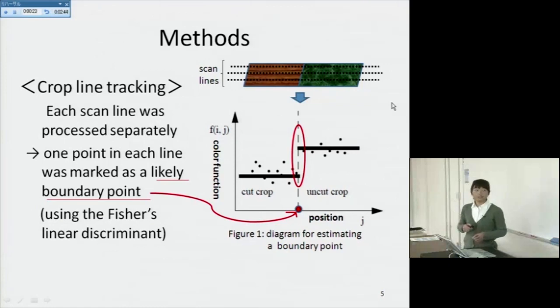First, the RGB cameras scan the color data in units of each line, and then the processor processes the data by using Fisher's linear discriminant. This is a diagram of the result.